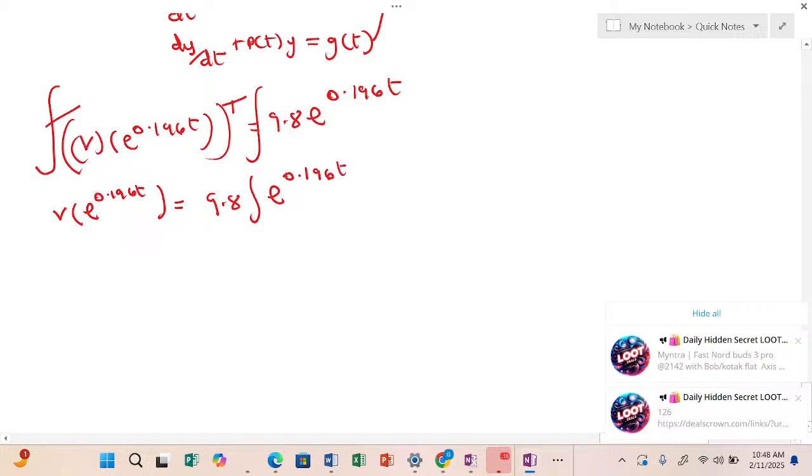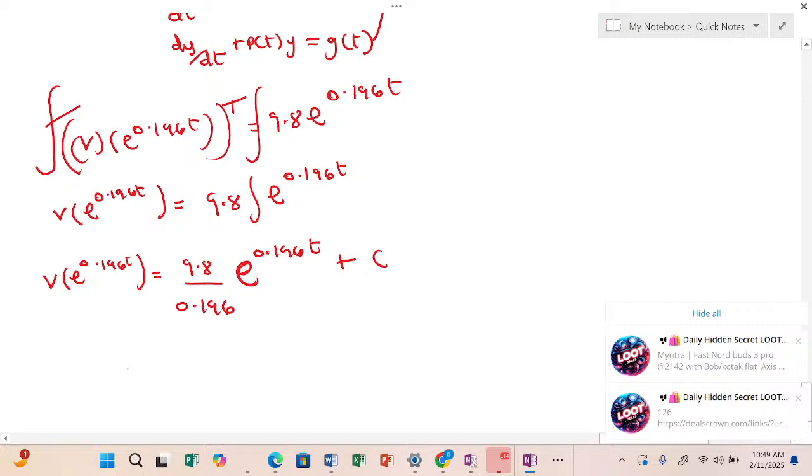So we get v multiplying e to the power 0.196 t is equal to 9.8 over 0.196, e to the power 0.196 t plus c.